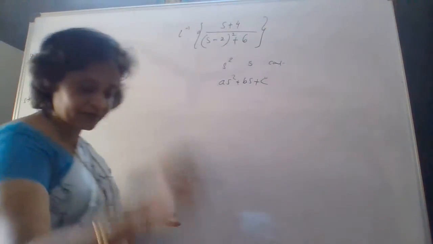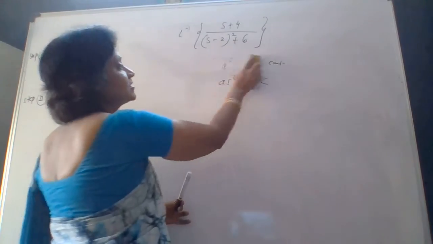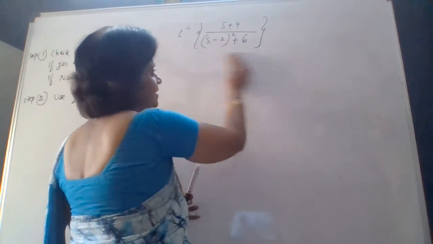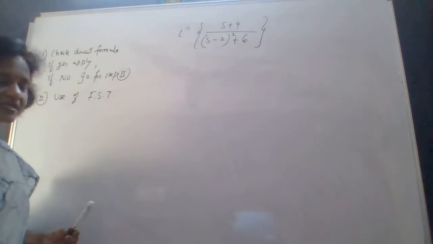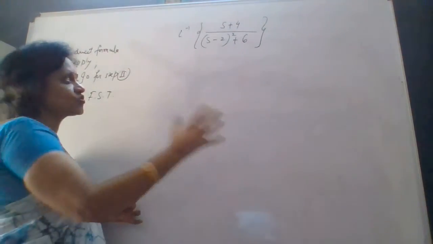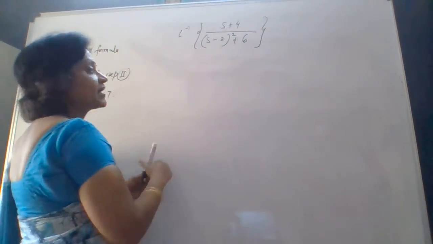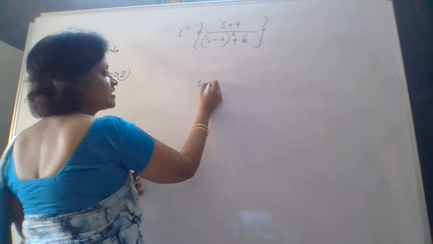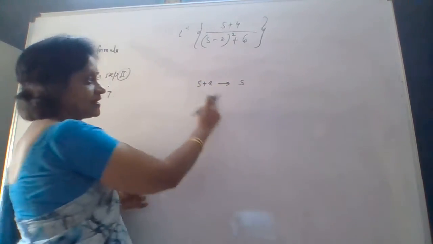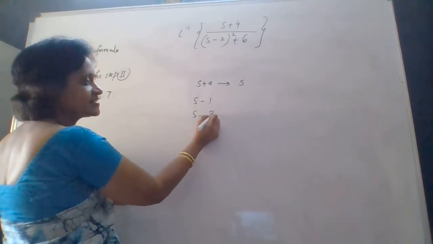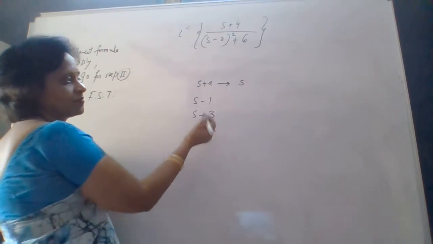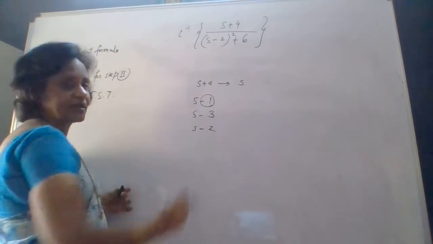So when we don't have a direct formula, we'll go for this step. And what is this step? When there is no direct formula, just check whether we can replace s plus a by s. When I say s plus a, please remember it can be s minus 1, s minus 3, s minus 2, because a is any constant, here minus 1.